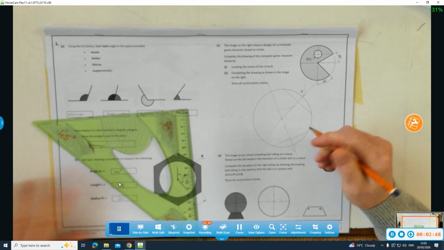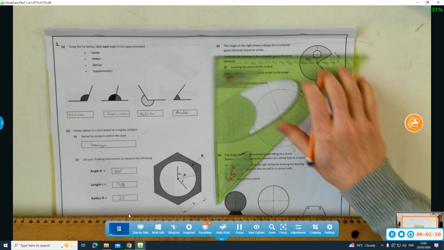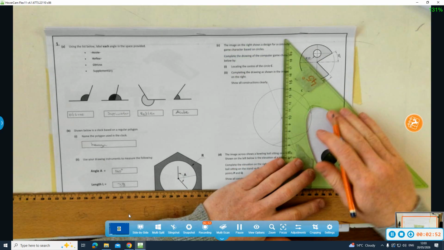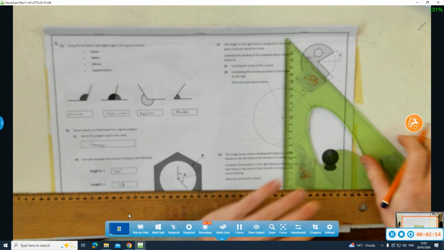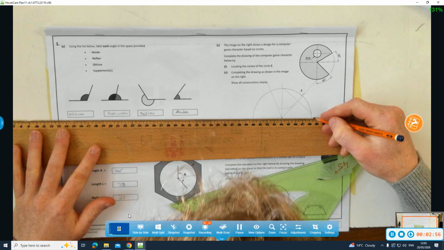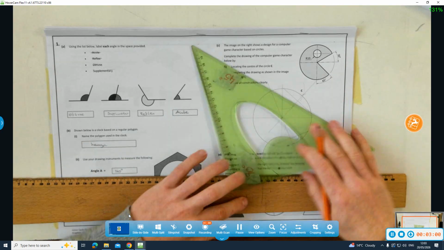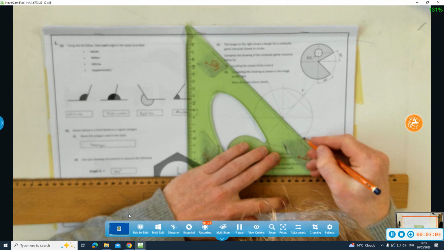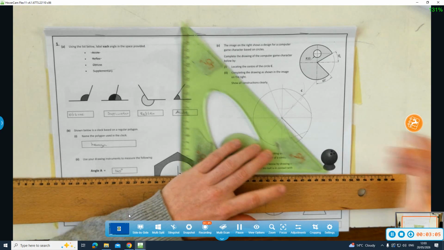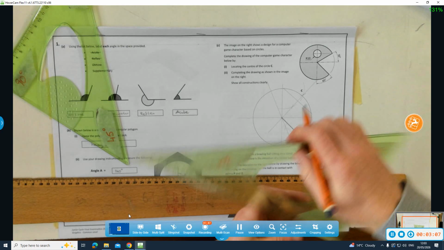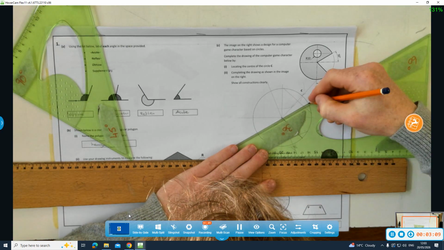Okay. So complete the drawing shown in the image on the right. So we have to complete the circle, to complete the drawing in the result. So I can draw my center lines here now for my circle. Mouth here is a 45 degrees, so we can use our set square. And the other side of his mouth is a 30 degrees, so we can also use our 30 degrees set square.